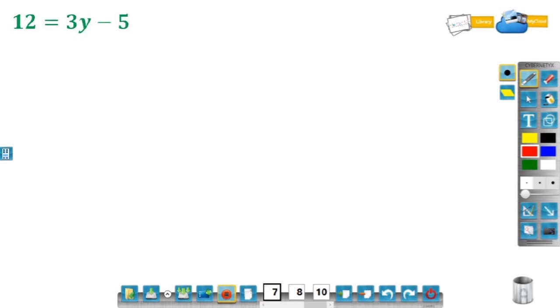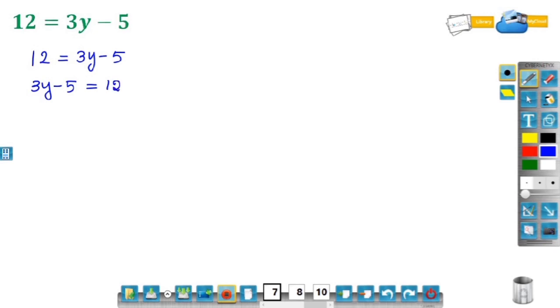Next, 12 is equal to 3y minus 5. Solve this equation. See here, on LHS we have 12, on RHS we have 3y minus 5. See here, in the transpose method, you have to keep the variable part on the left hand side, constant part on the right hand side.